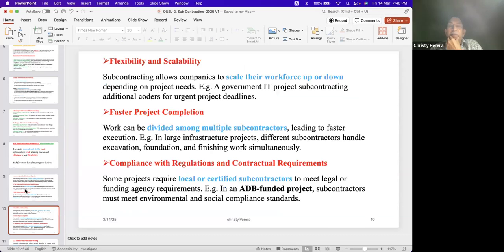Flexibility and scalability. Subcontracting allows companies, this is all for the prime contractor, the main contractor. This company is the main contractor, right? I'm not saying every time contractor, because IT is not a contractor.